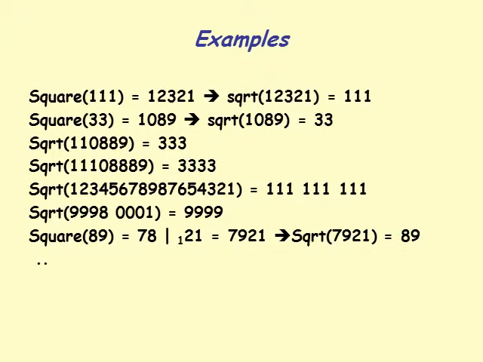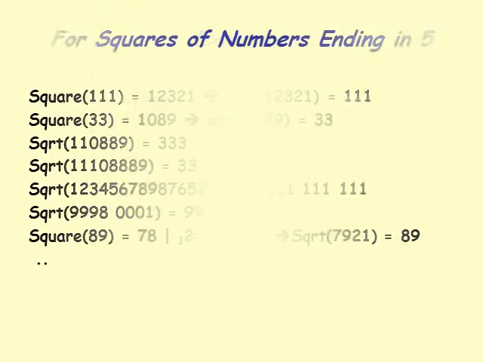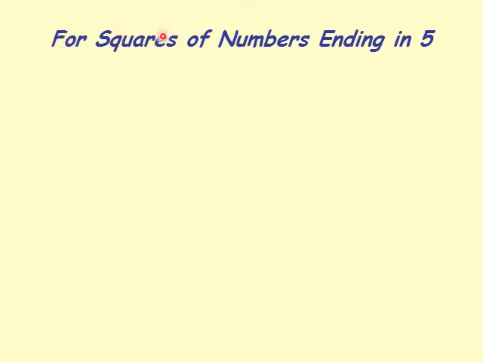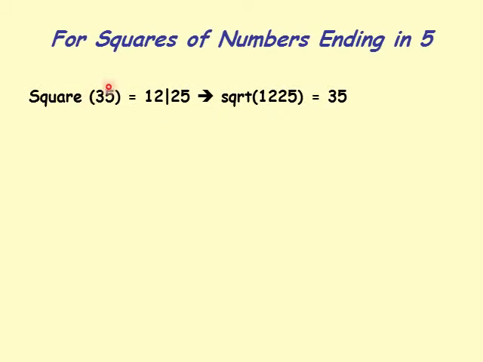Let's look at some squares of numbers ending in 5. We know the square of 35 is 1225, which means the square root of 1225 must be 35. What do we do? We split 1225 into two parts: 25 is on the right and 12 is on the left.